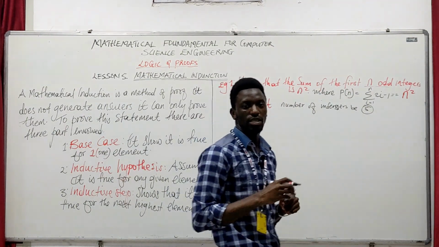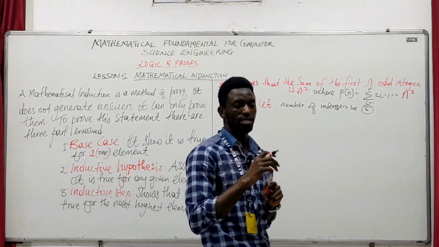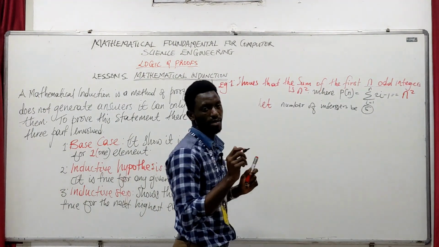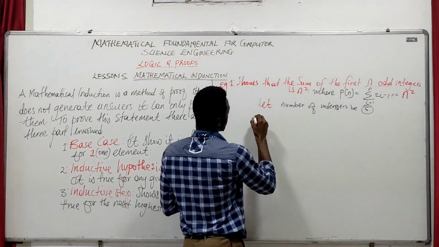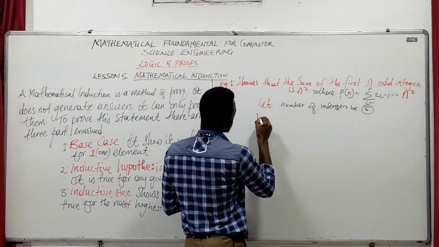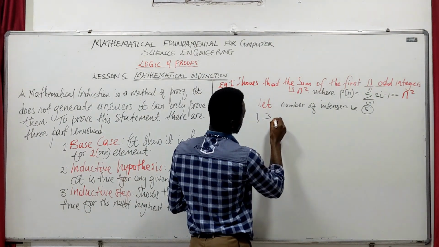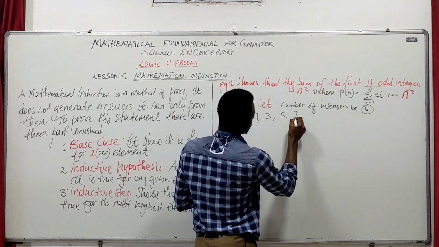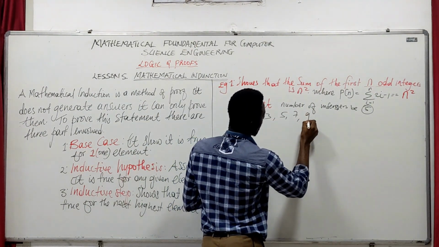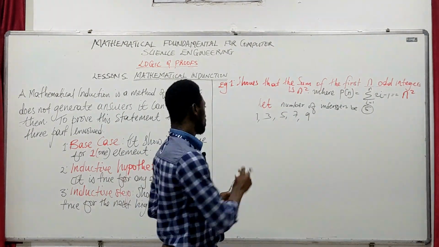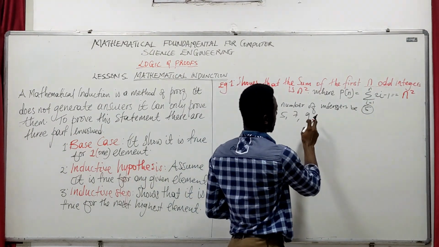Let's say here we just need 5 integers. So these first 5 integers, we need to add them. So now we say the first odd integer is 1, and the second one is 3, the other one is 5, 7, and 9. So now we have these 5 integers, 1, 3, 5, 7, and 9.